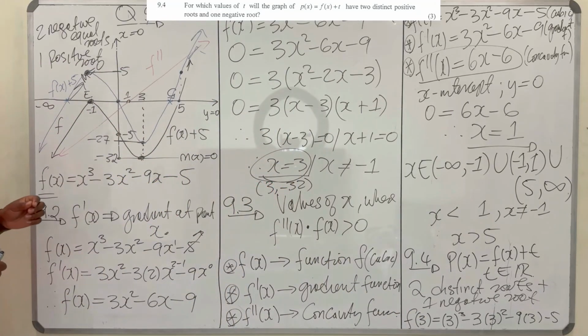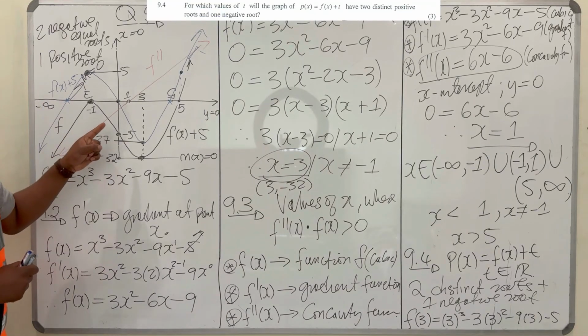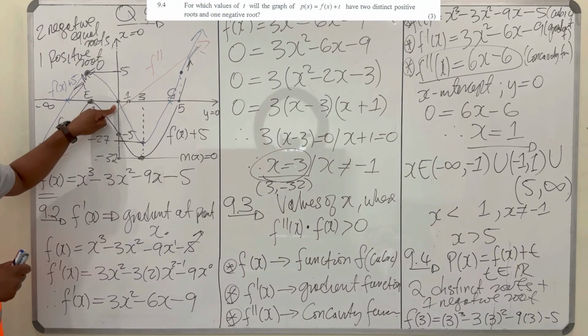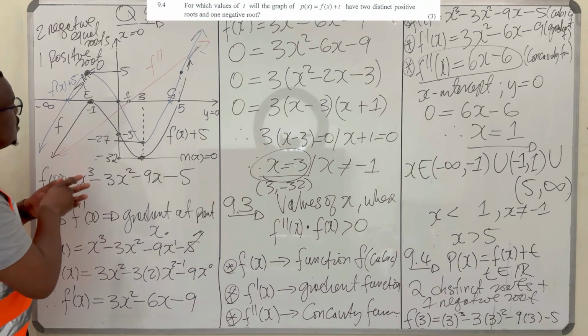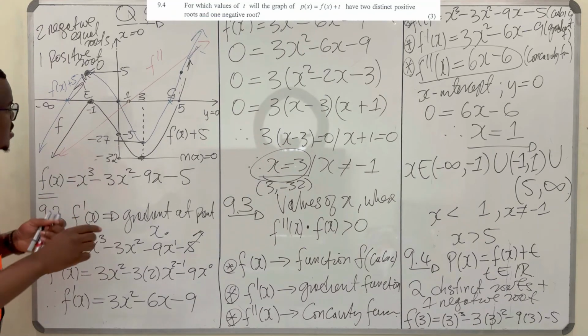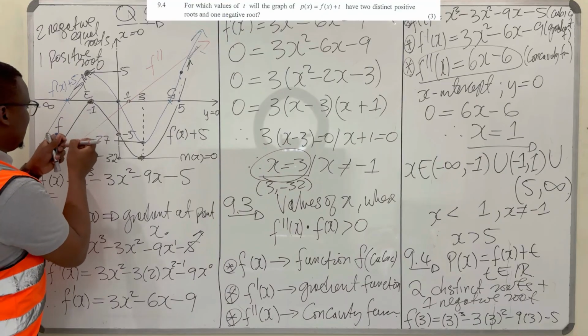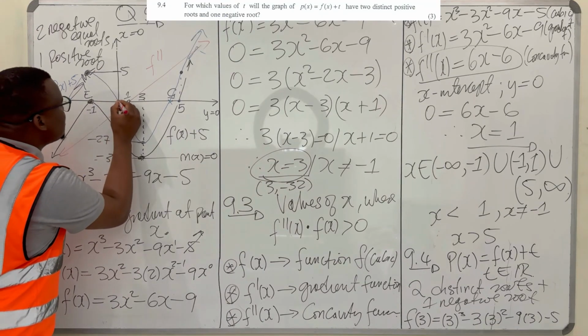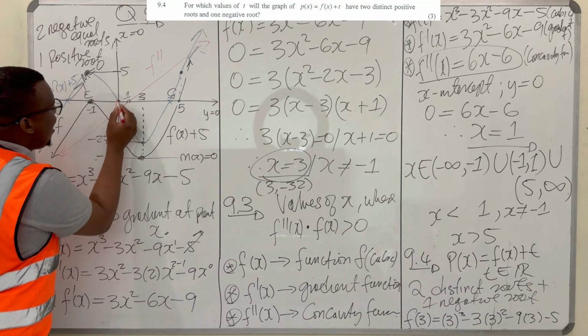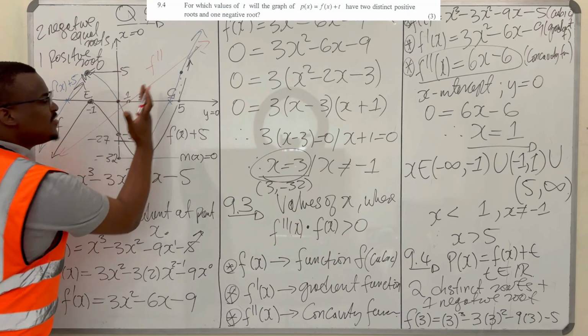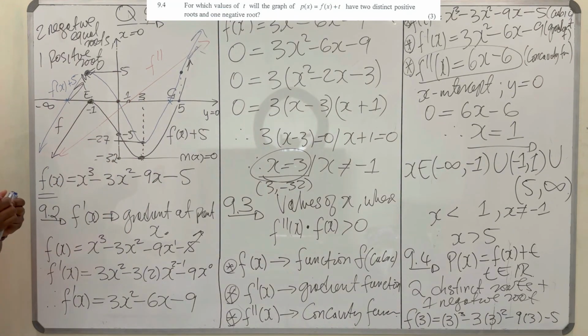So in that case, if we want this function of ours to have two positive, different roots, this point, this point, our second intercept has to be on the right hand side of the y-axis.